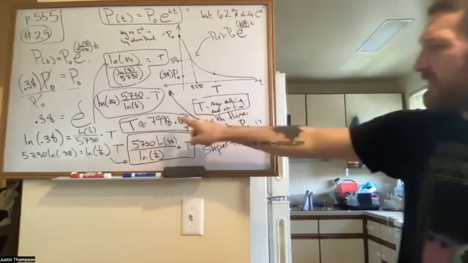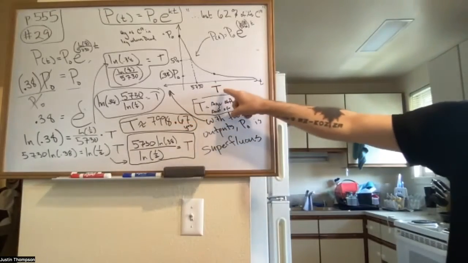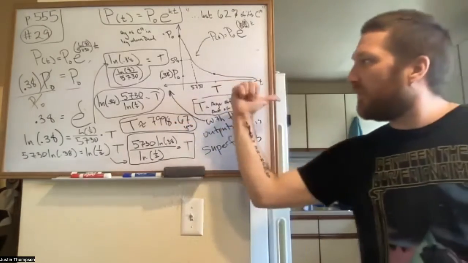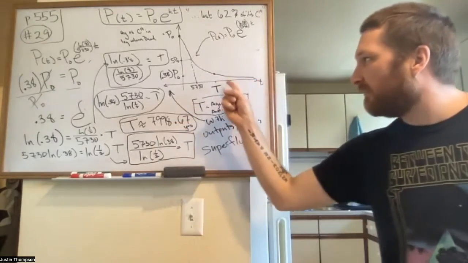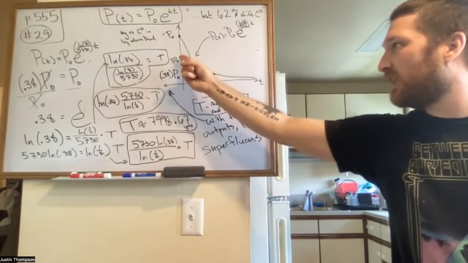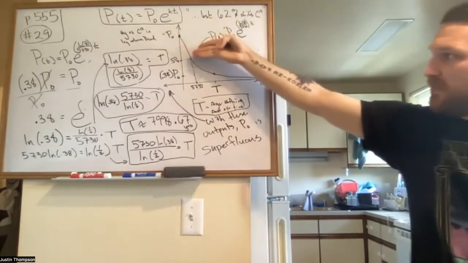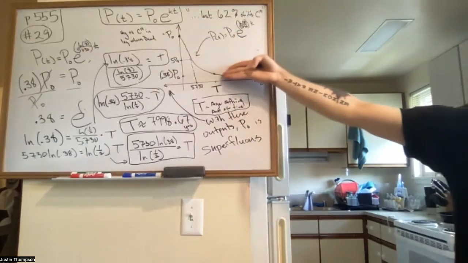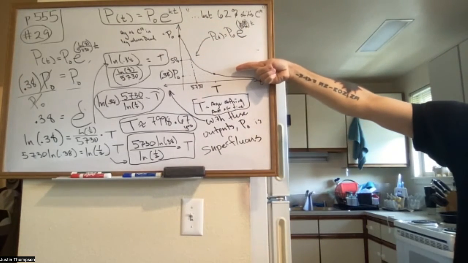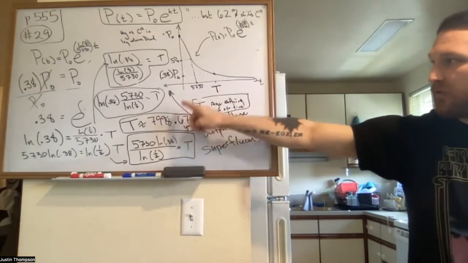Now I'm just looking at this and I'm going to see, well, yeah, T had better be on the right side of this in this graph because it's going to take longer for it to decay, not down to 50%, but down to 38% of its original value. So, okay, that agrees with that.